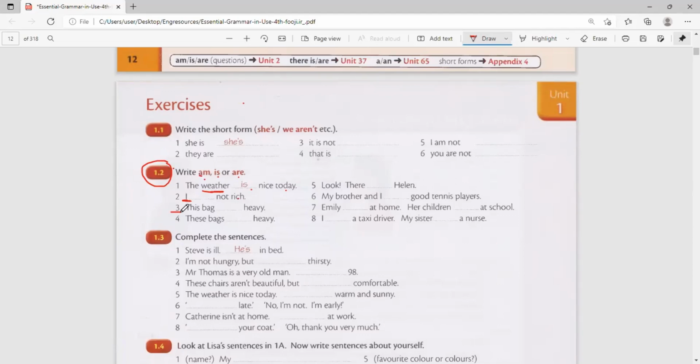Anybody who's ready there? Their bags are heavy. Read the whole thing again, number 4. Their bags are heavy. No, read again. I can't hear. Bags are heavy. Number 4, please read again clearly.